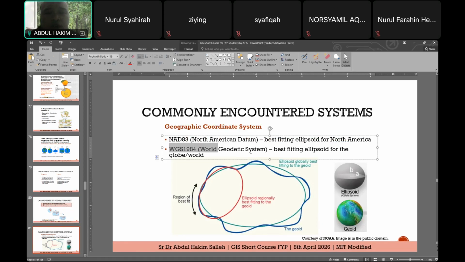WGS 1984 over here. Do not look at the others. If you are working in the US, you will need to use the North American Datum. But the highest usage type of coordinate system is this one, WGS, World Geodetic System, developed in 1984.